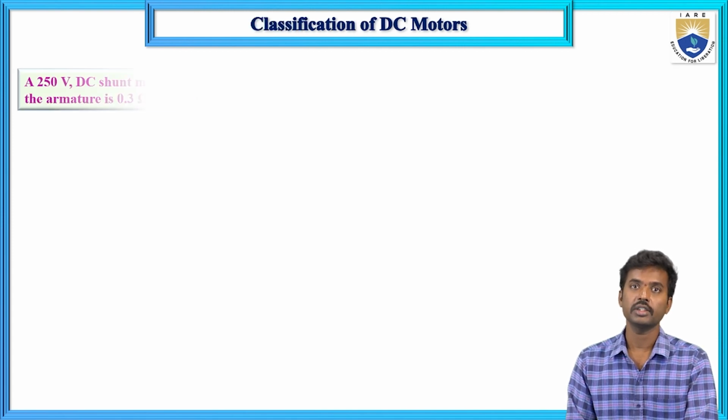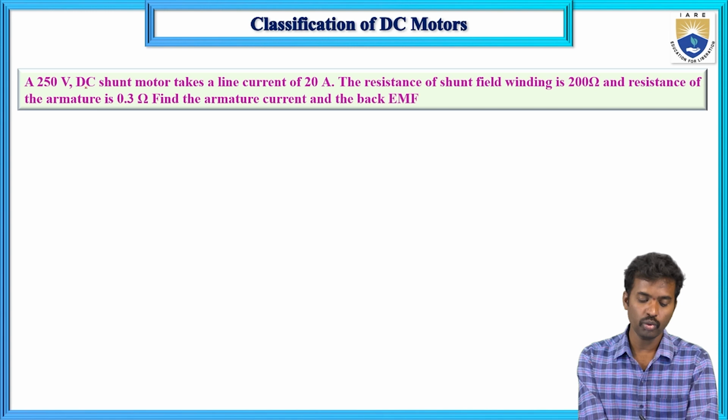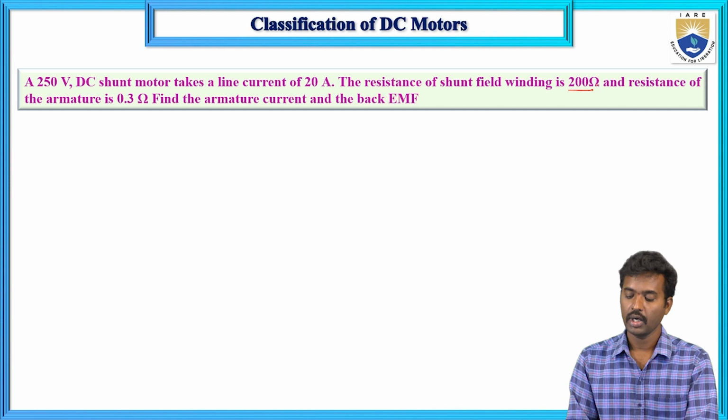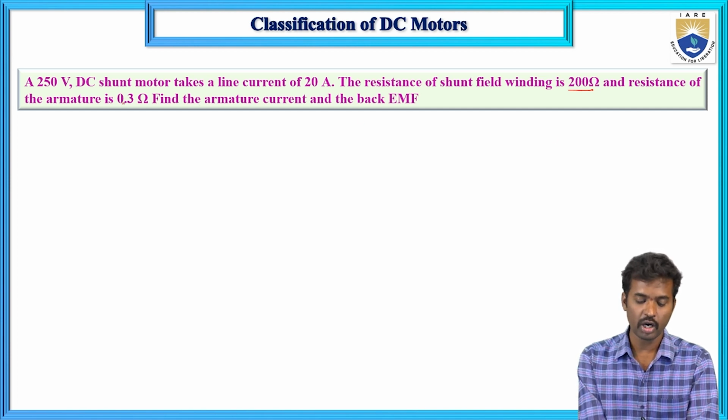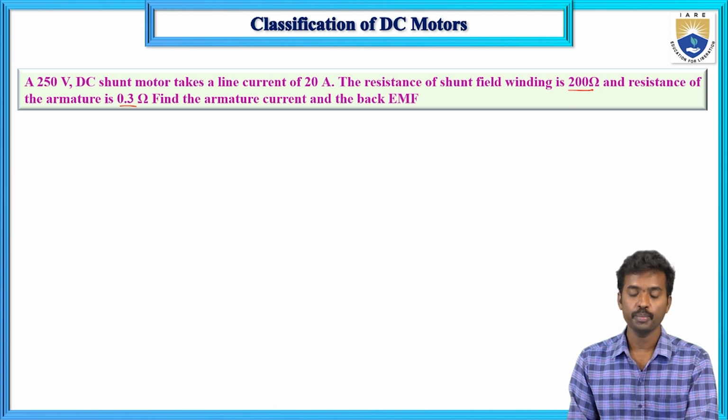Now let us take one problem. A 250 volt DC shunt motor takes a line current of 20 amps. The resistance of the shunt field winding is 200 ohms and the armature resistance is 0.3 ohms. Find the armature current and back EMF.